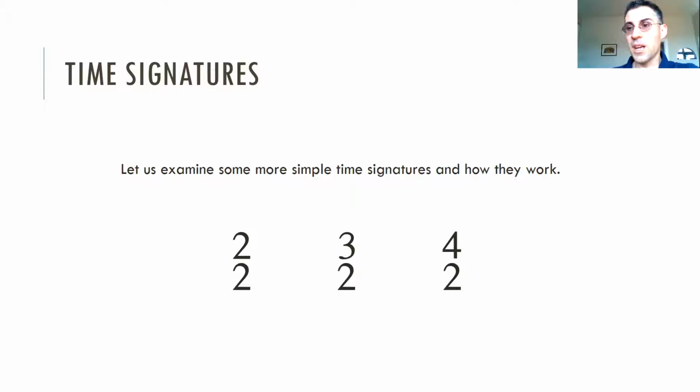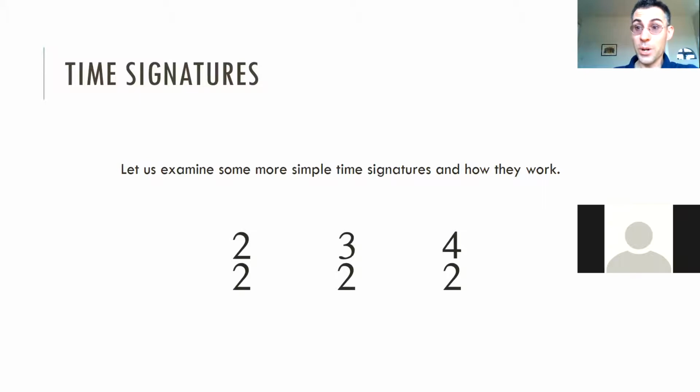If we have an 8 at the bottom, we say 4 divided by 8 is equal to a half. Which note is equal to a half? Semiquaver? A quaver. A quaver.